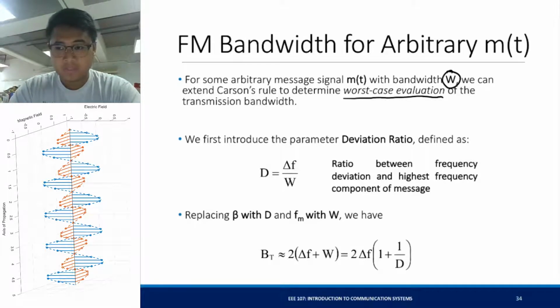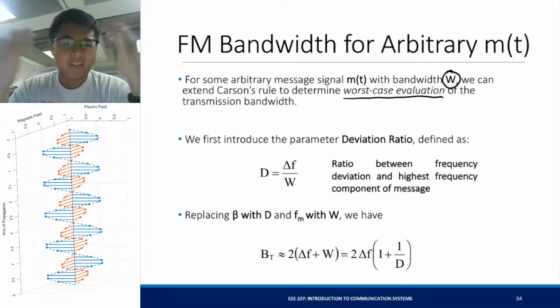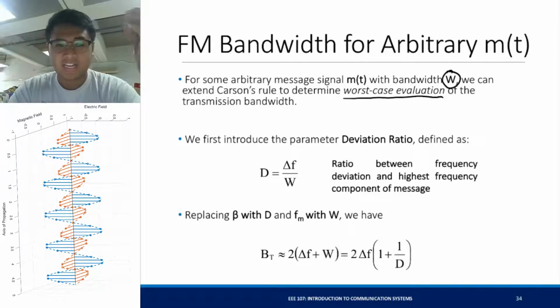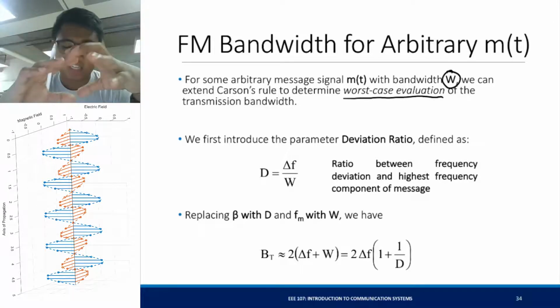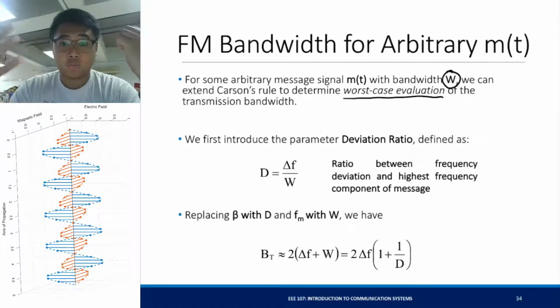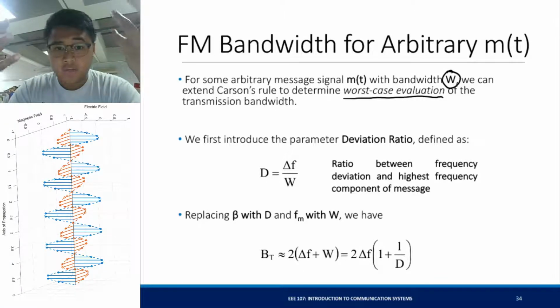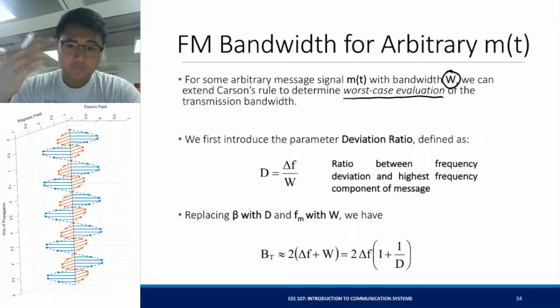And if you calculate the worst case evaluation incorrectly, there will be repercussions, especially when we're talking about transmitting over a limited spectrum, where if you go beyond your assigned bandwidth, you will interfere with different users.